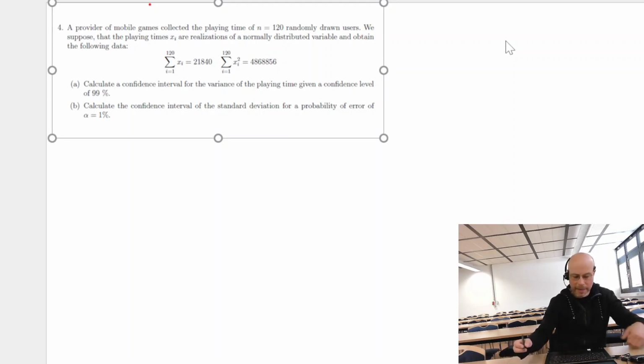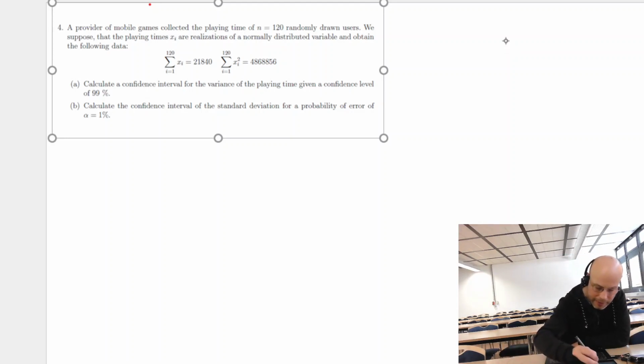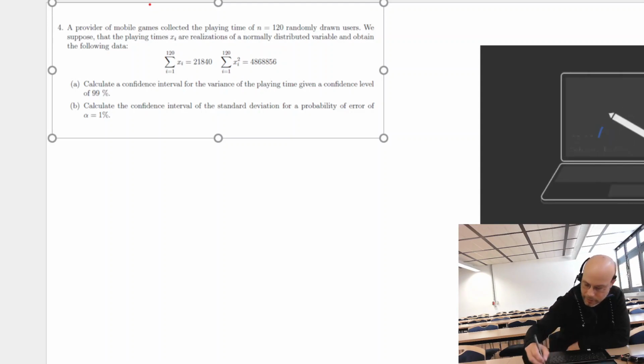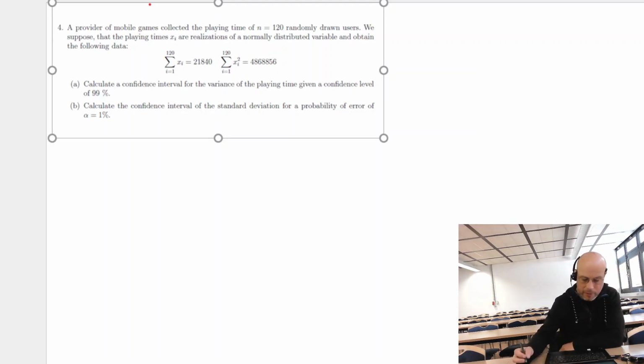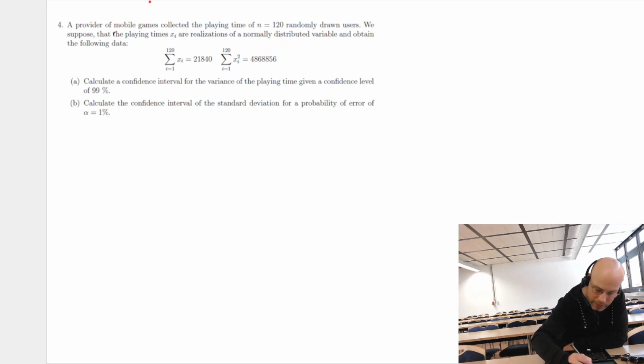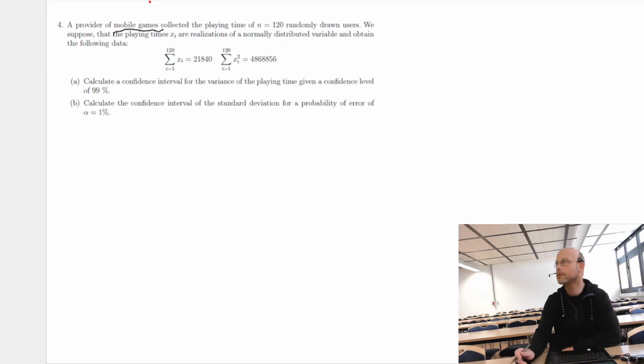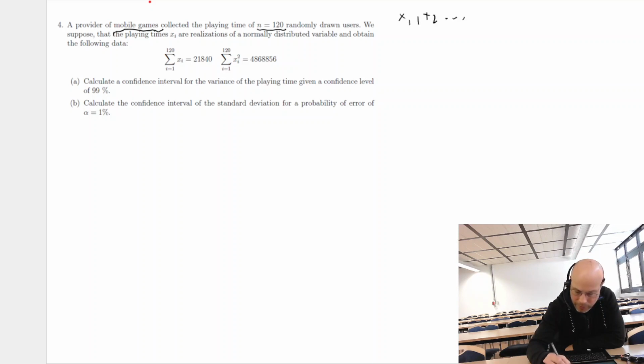So we have a mobile game on your handy, on your tablet, and the providers of these games want to know how long you play on average, so they take a random sample of n equals 120 users, with data x1, x2, up to x120.